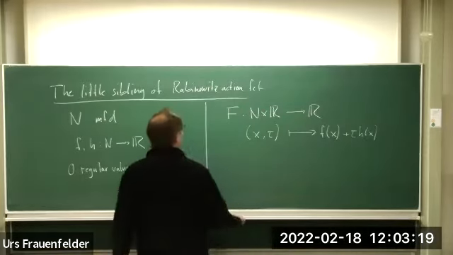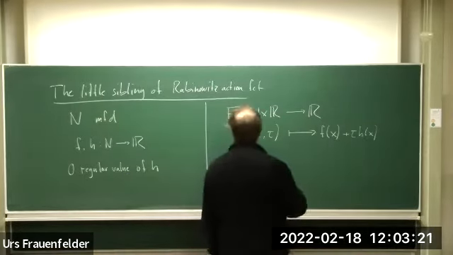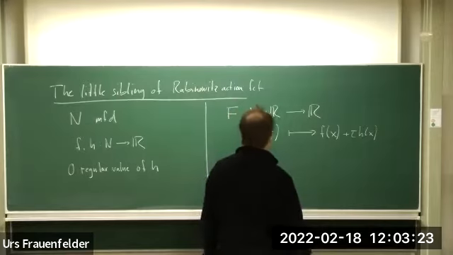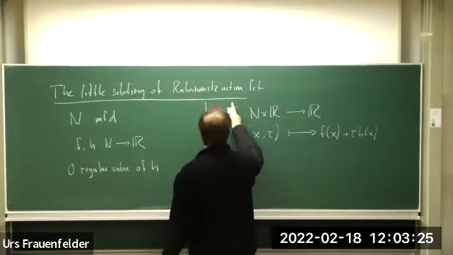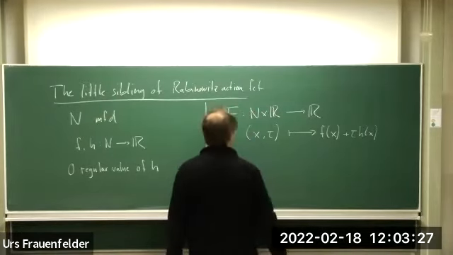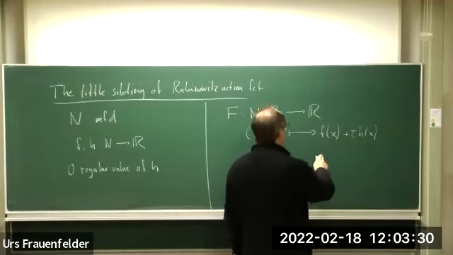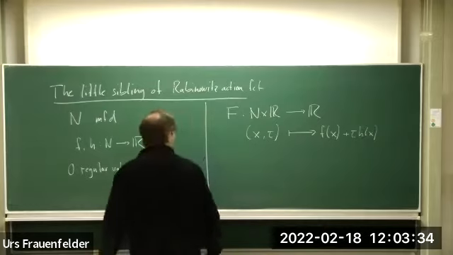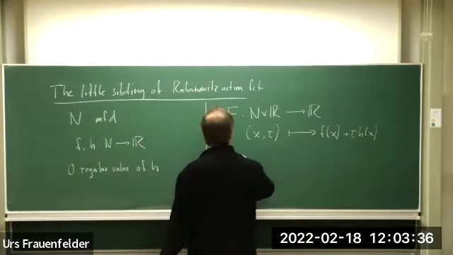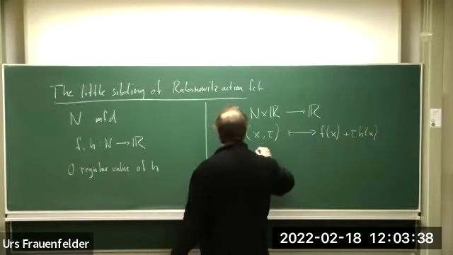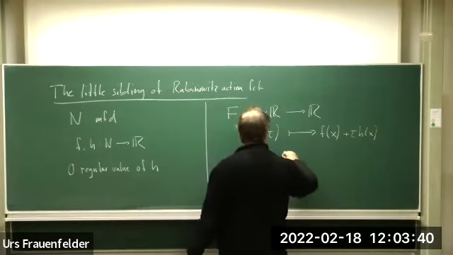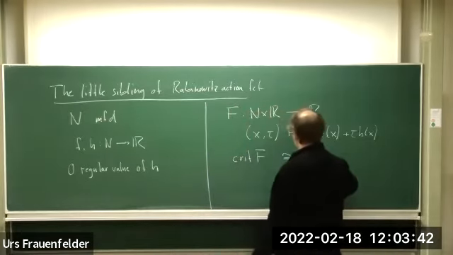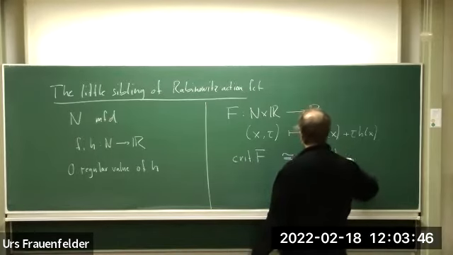And then, as one learns in calculus, there is a one-to-one correspondence between critical points of this Lagrange multiplier functional F and critical points of the restriction of f to the constraint h inverse of 0.